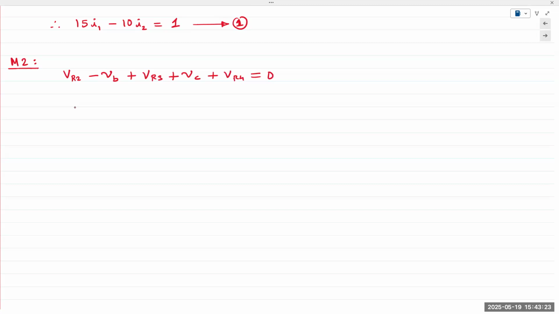Again, you can apply KVL any way you are comfortable with. This is the way I choose it. Doesn't matter which way you apply KVL, your equation would still be the same. Okay.